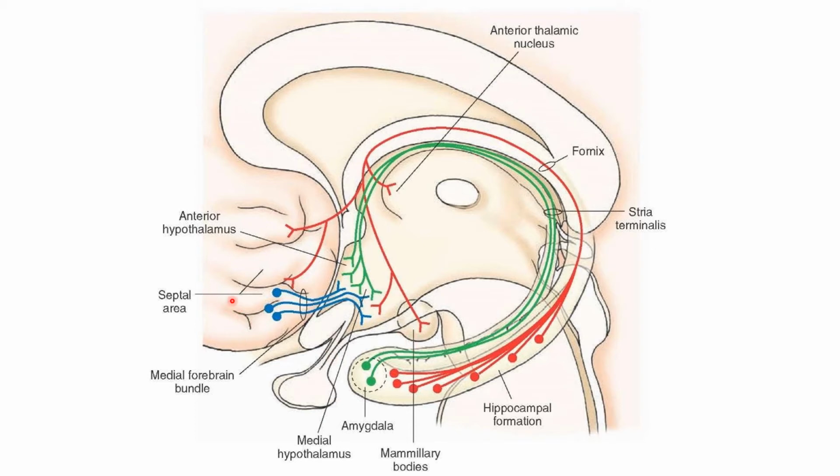And we have the septal area and the olfactory region with the hypothalamus. Again, the amygdala connects with the hypothalamus, and the amygdala is important in processing of memory, decision making, and emotional responses like fear, anxiety, or even aggression. So it sends this information into the hypothalamus.